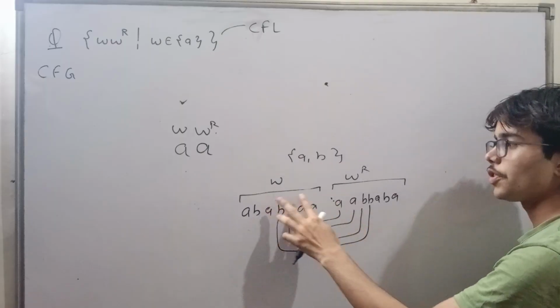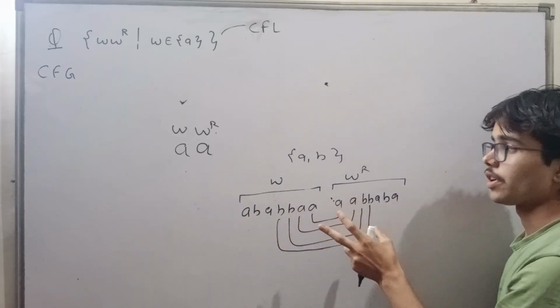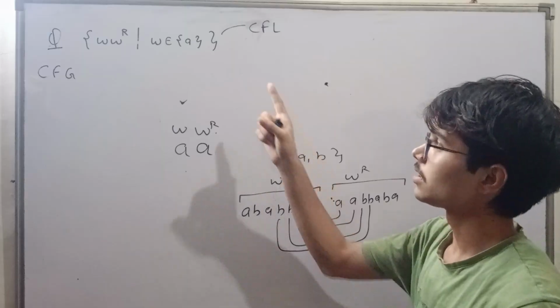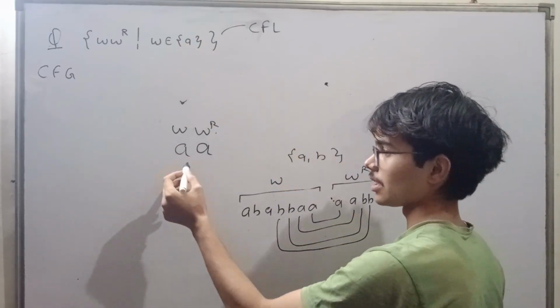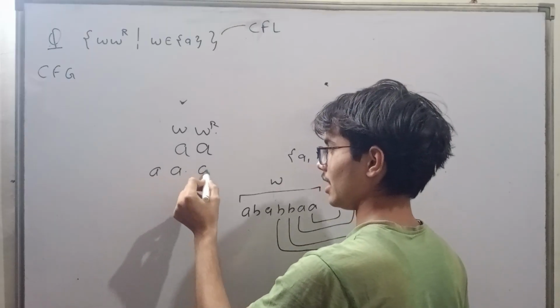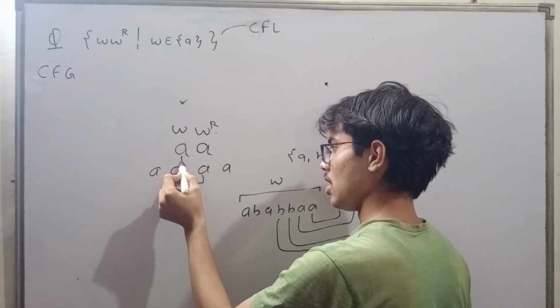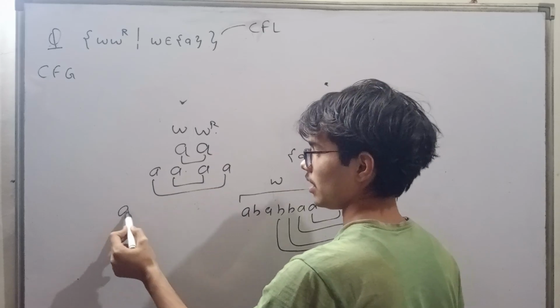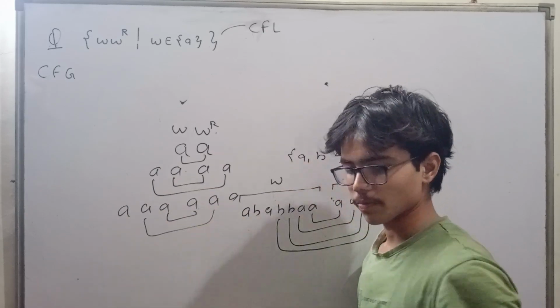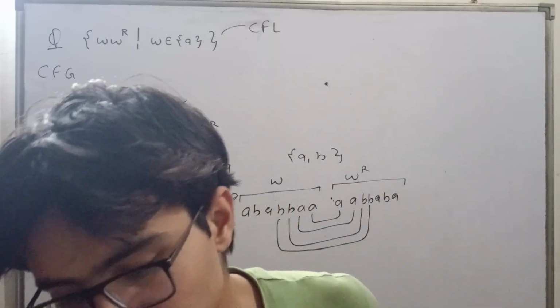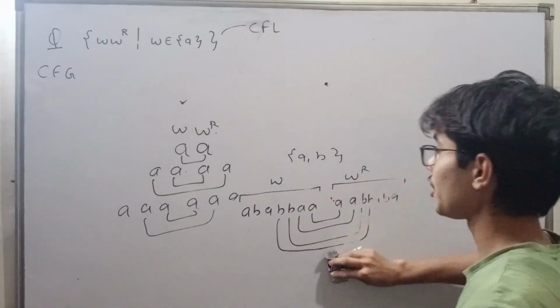This is how you have to write W reverse. But here in your given domain there is only a single variable. So you write A three times, then in reverse also three times A.